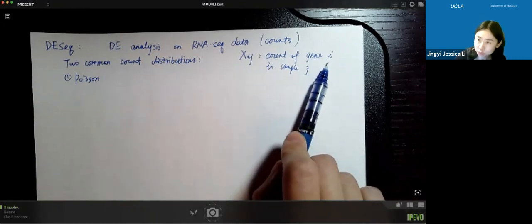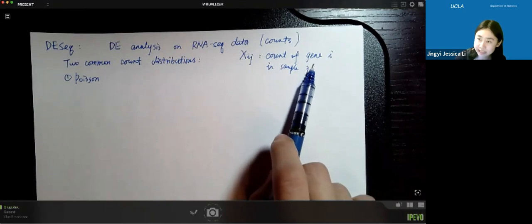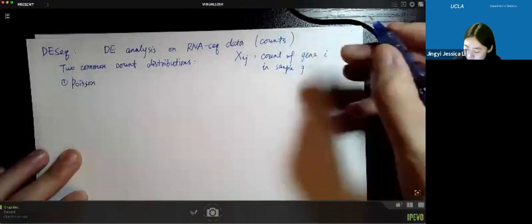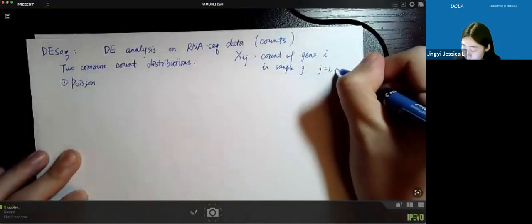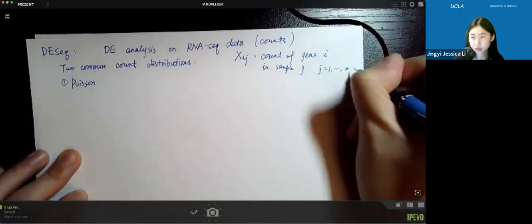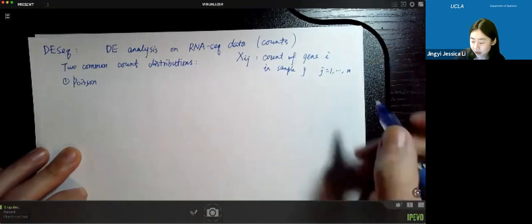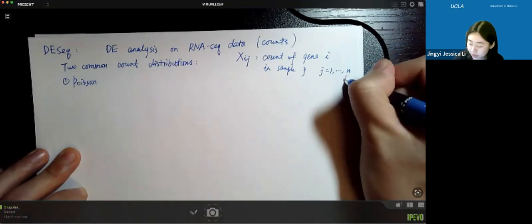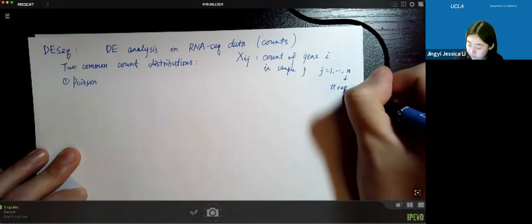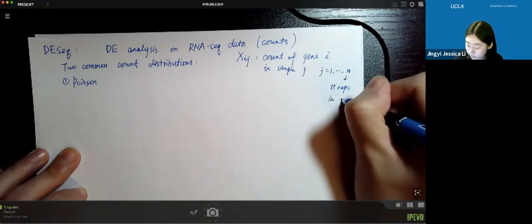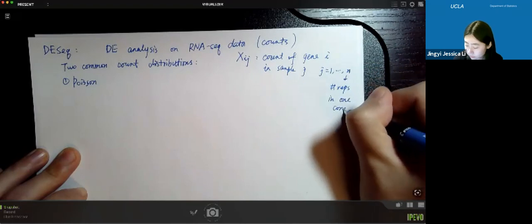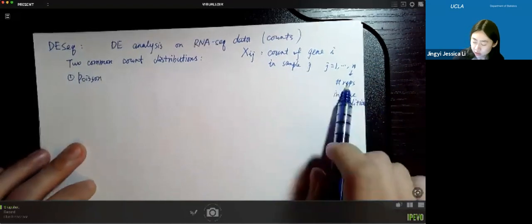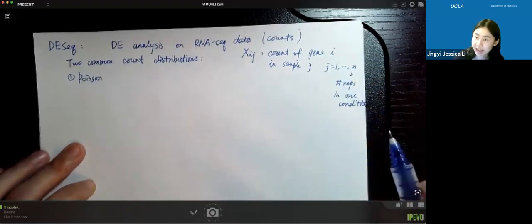So in this case, what's considered as repeated samples? The sample j, right? So let's say that j goes from 1 to n, where n is the number of replicates in one condition. These are considered to be IID.